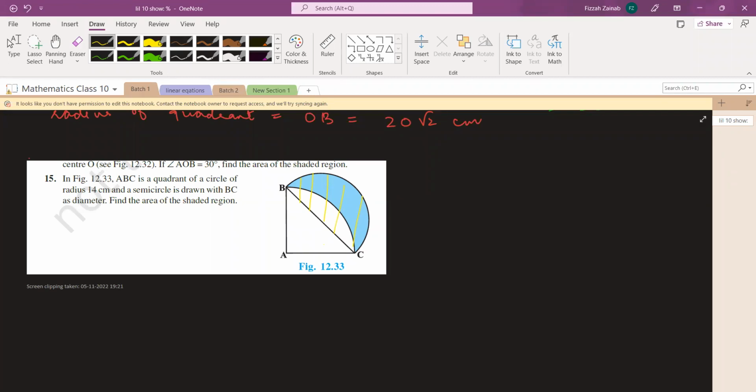Yeah, radius for segment will be same, radius for semicircle will be same. That's fine. But for segment, you need the central angle. That is also, I think, 90 degree, right? Yeah. So you want to approach it like this, but there's a problem, Martin.